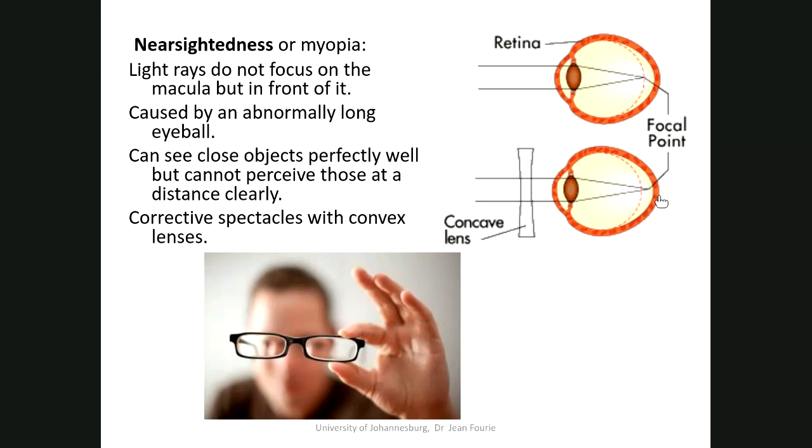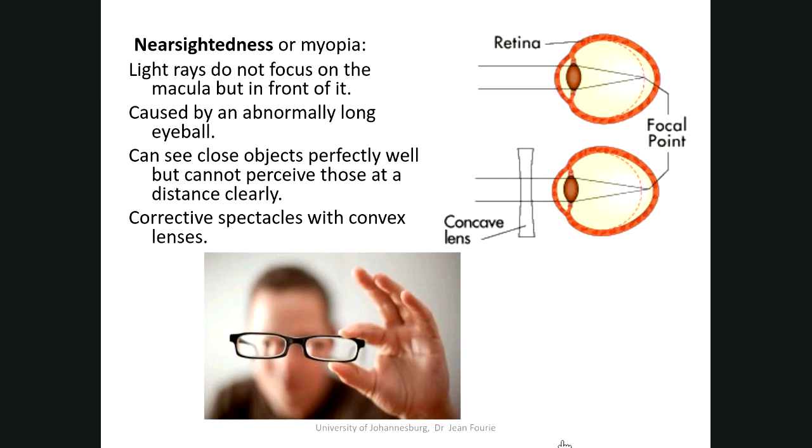So the corrective glasses or spectacles have a lens so that the person can then see clearly. Nearsighted means that the light is focusing on a focal point which is closer to the light. It is not reaching the retina.